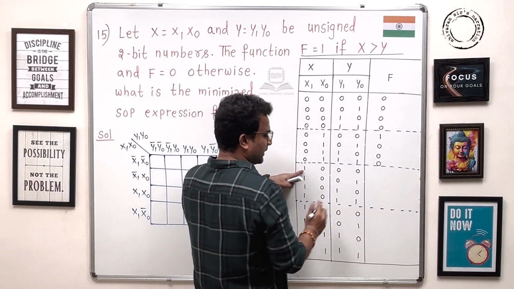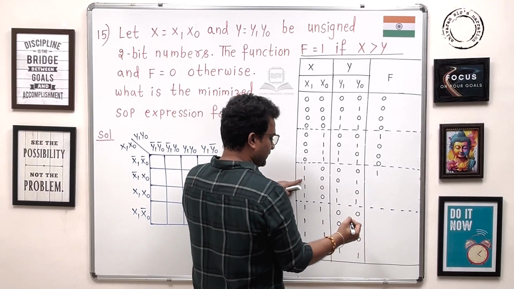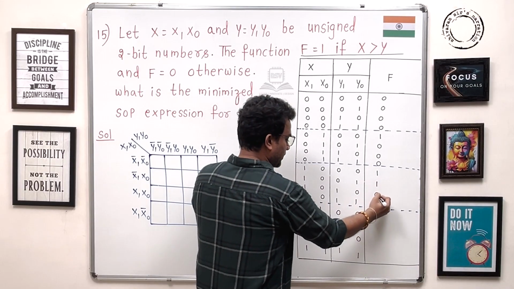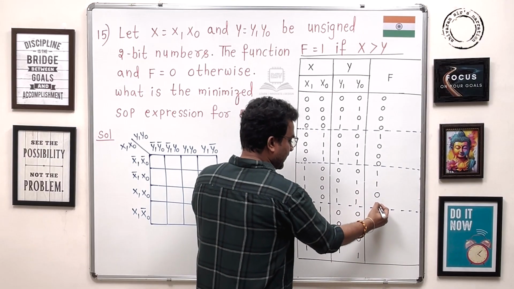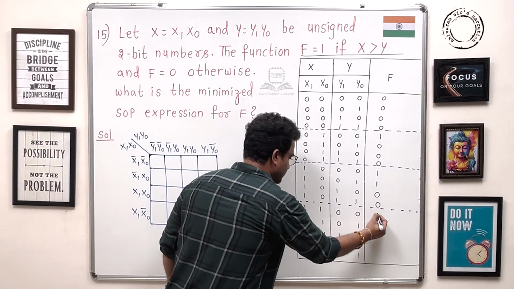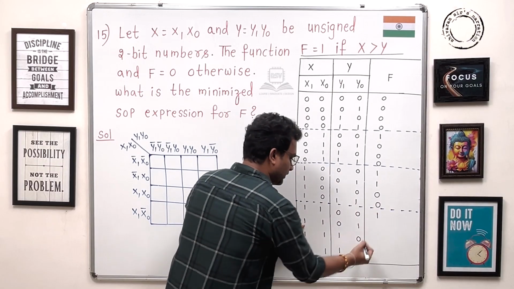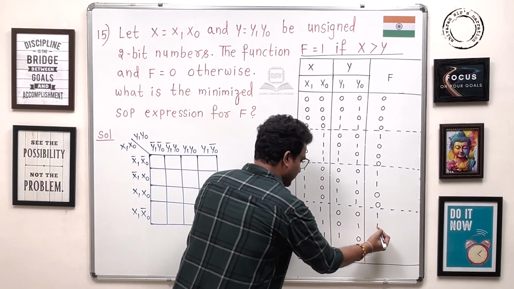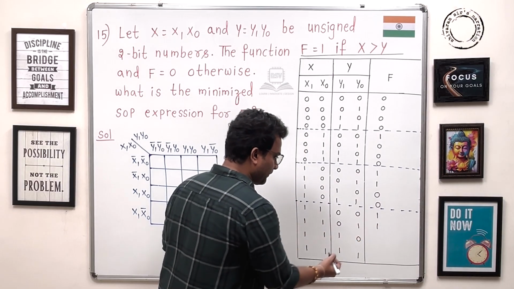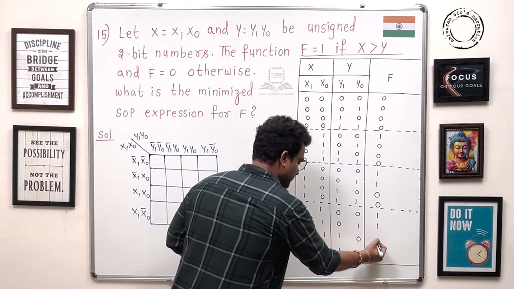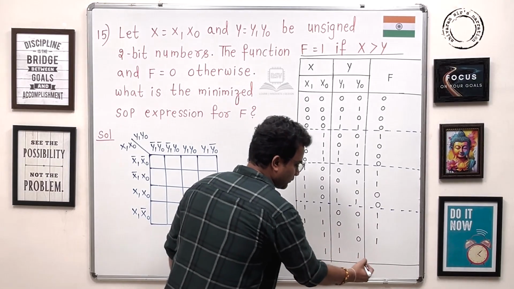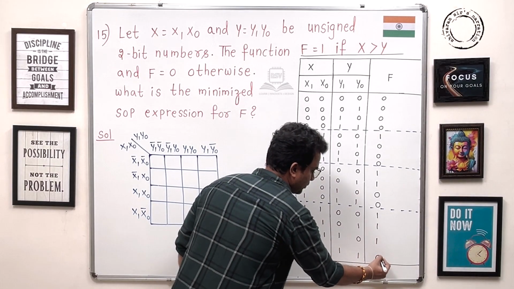Again here x is greater than y, here x is greater than y, here x is equal to y, here x is less than y. Similarly here 1 1 0 0, x is greater than y, here x is greater than y, and here 1 1 1 0, then obviously x is greater than y. And in this one x is equal to y, so it is 0.